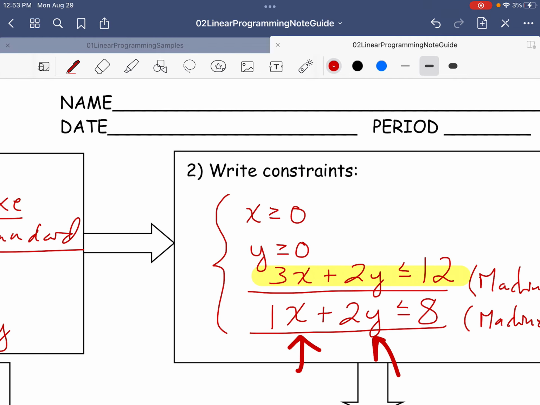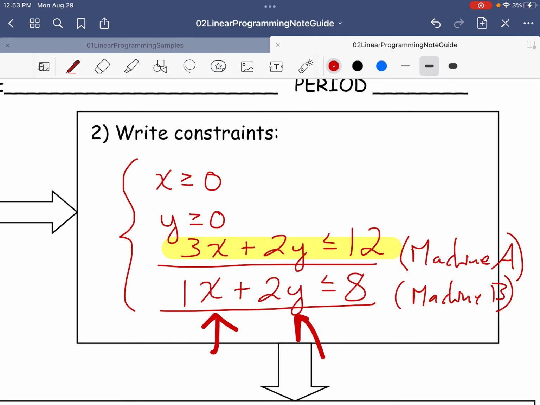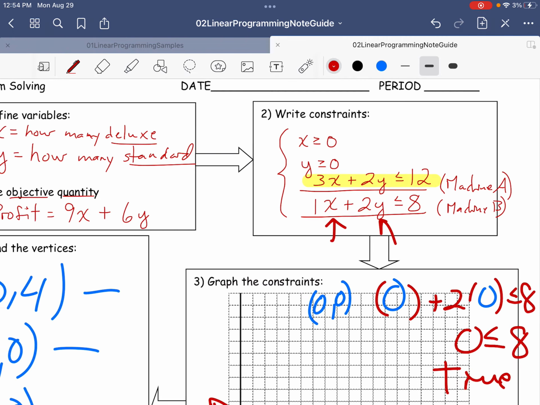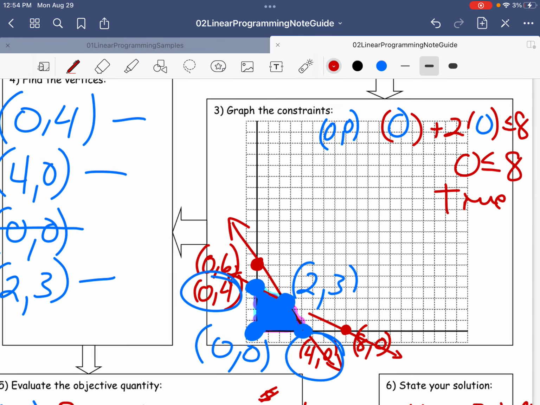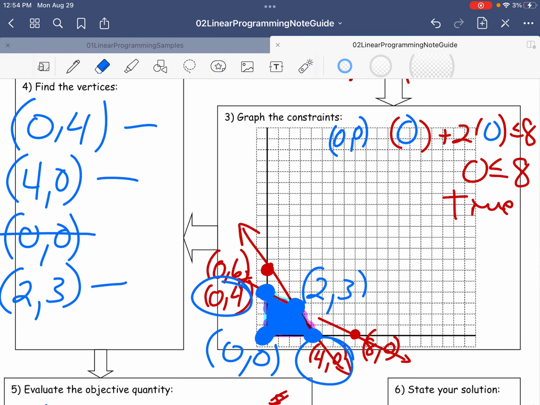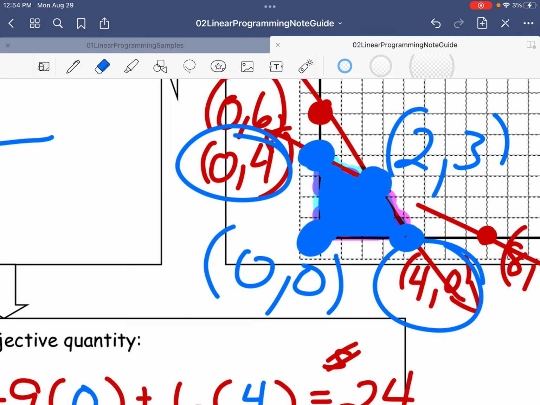You had to write some constraints. Those constraints come from reading the paragraph and understanding what's greater than or less than. Once you get those constraints, you go to the task of graphing them. Graphing constraints is ultimately a job of graphing lines which make a shaded region. That shaded region will have vertices, the furthest tips of that shaded region.